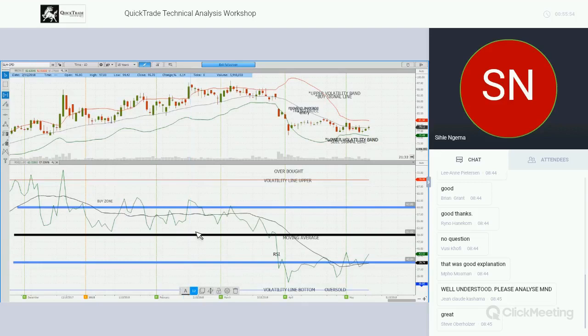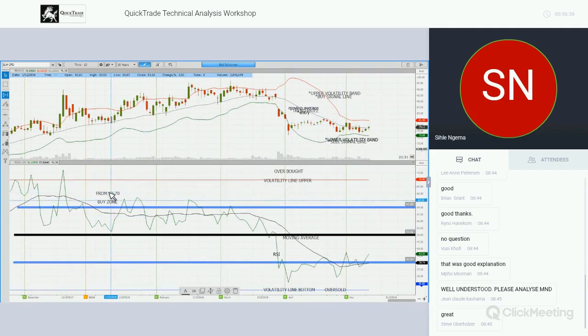So from 50 going towards 70, let's put it that way. From 50 going towards 70, that is our buy zone, as you can see there.